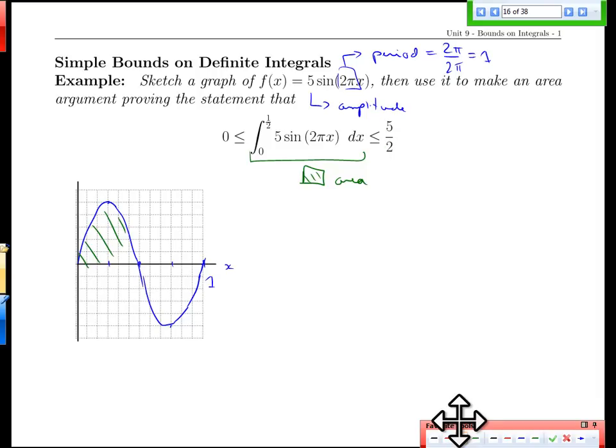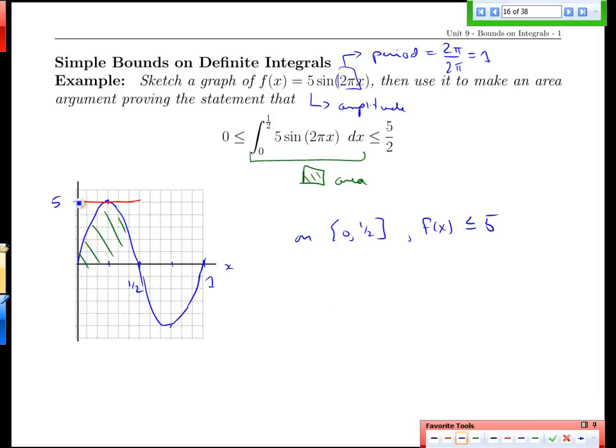However, if you remember where this amplitude is, we're guaranteed that everywhere on the interval from 0 to 1/2, our function is going to be less than or equal to 5.